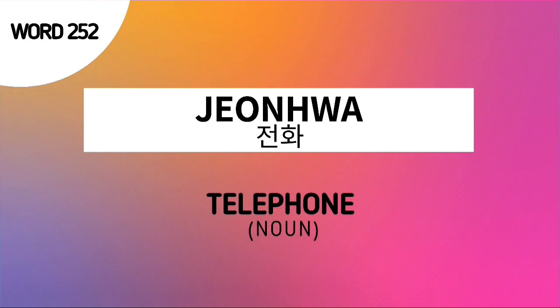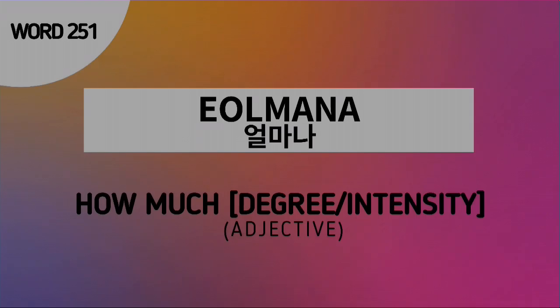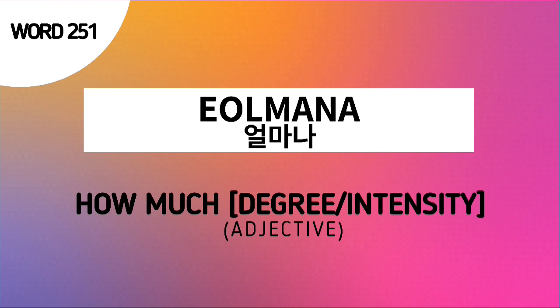Word number 252 is 전화, which means telephone. And the last for our review, word number 251, 얼마나. This is used to ask how much is the degree or intensity of a certain description.